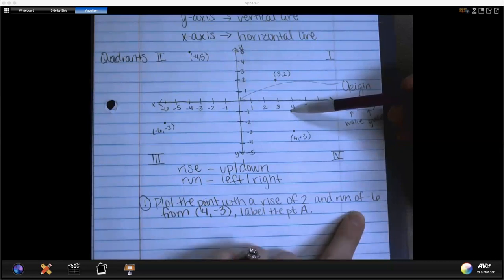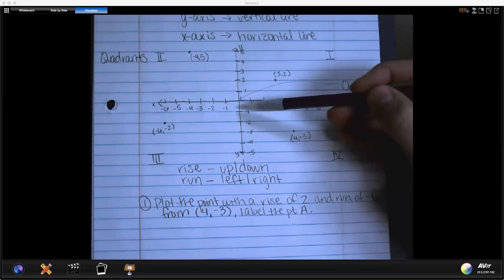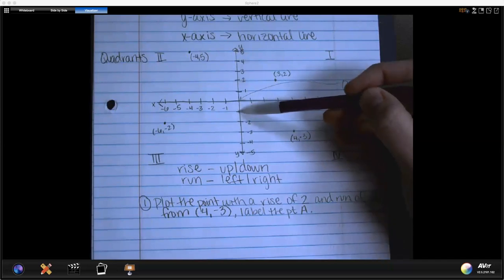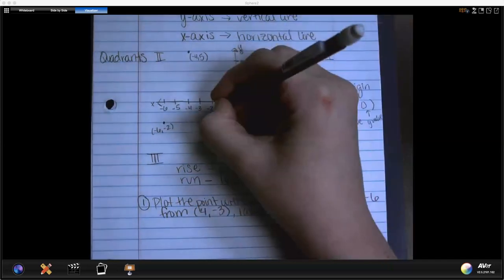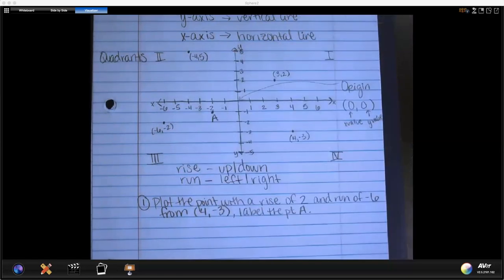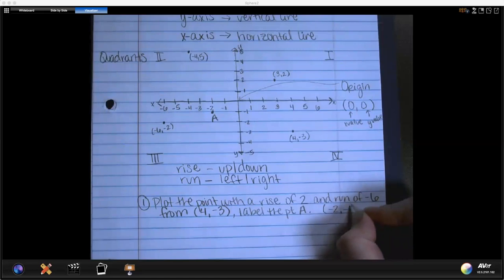I'm running -6. So what direction am I going then? Left. Good. So we're going to go 1, 2, 3. Do I count this line? Yes. 4, 5, 6. And we're going to label that point A. What coordinate point did we end up at? -2, -1. Good.